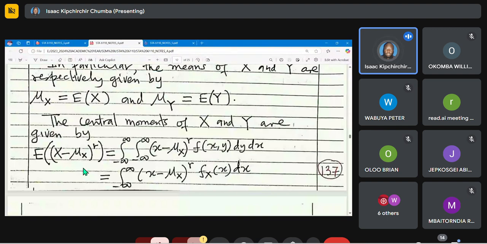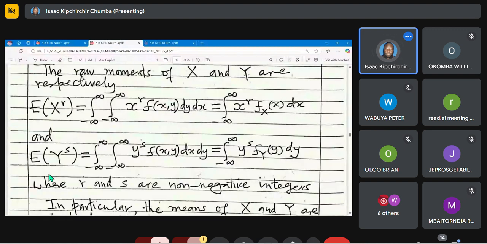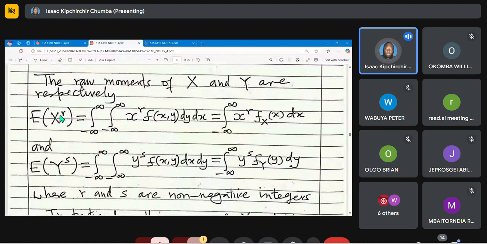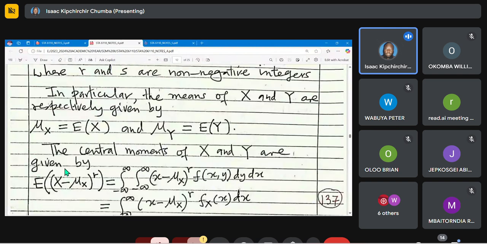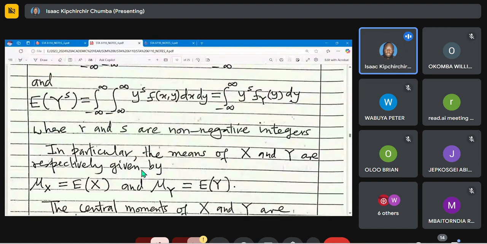So mixed moments about the origin we define as an expectation. Where there was just x raised to r, now there's y raised to s, or x power r, y power s. There's a product. That's why we say product moment, or joint moment, or mixed moment. It's about the origin now.